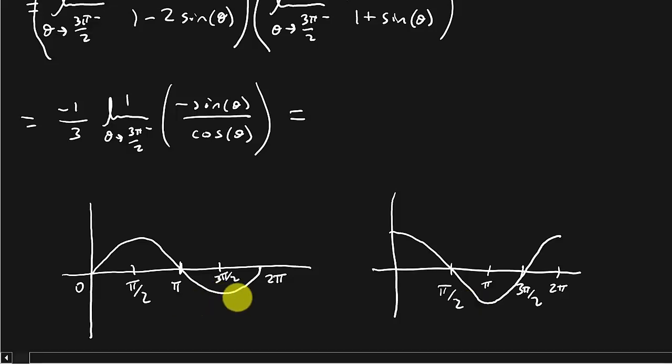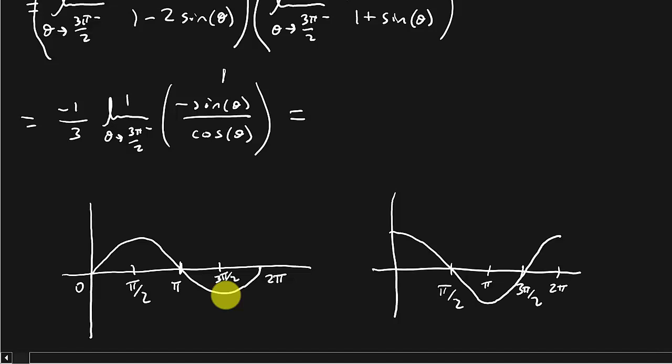So we can pretty much say that the numerator is pretty much 1, because as we're getting closer and closer to 3π/2 from the left, sine is getting closer and closer to -1, and a -1 with a negative is a +1.